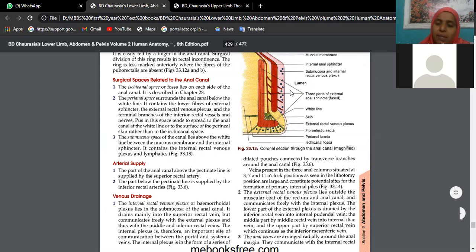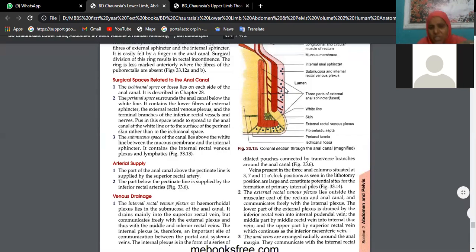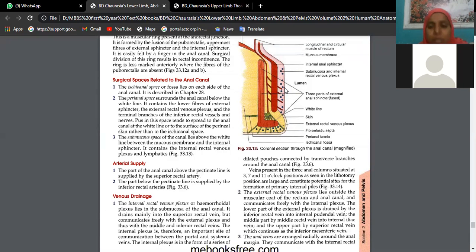That's the reason in case of constipation, this mucosa is exposed to very high tension, because of which the mucous membrane is ruptured and the underlying blood vessels start bleeding, which is called piles or hemorrhoids. That is bleeding through the anal orifice during defecation due to prolonged constipation, where the fecal matter becomes hard. That space is the submucosal space, where we have the internal rectal venous plexus.